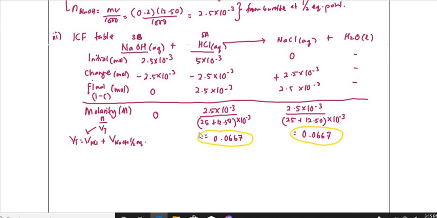Ini yang berada di dalam conical flask. Both yang ini berada pada conical flask. Dan kita memang nak cari pH di dalam conical flask sekarang. Okay, selepas kita addedkan titrant sebanyak 12.5. Okay, now kita nak merujuk kepada molarity yang mana satu? HCl atau NaCl? Kita tengok.